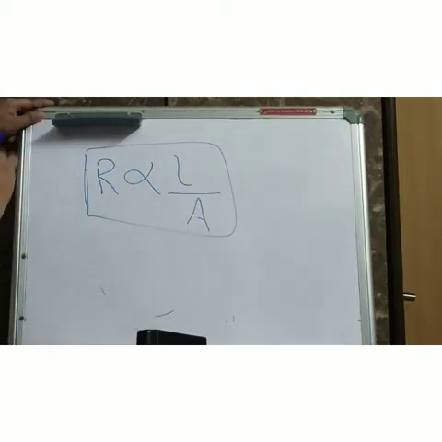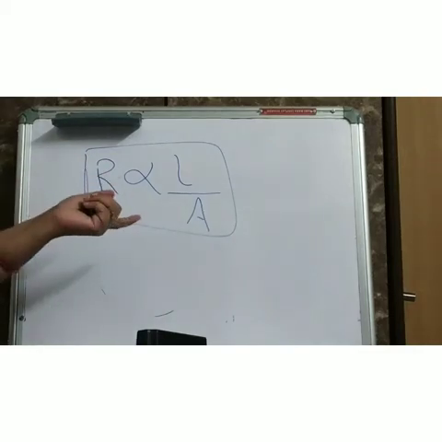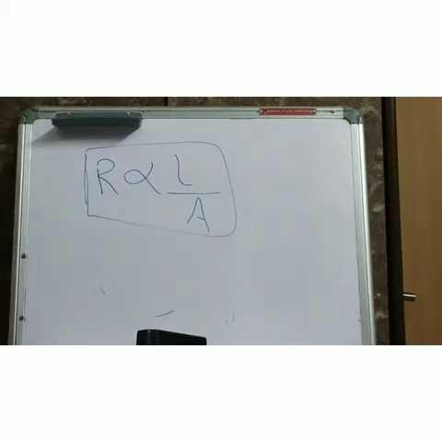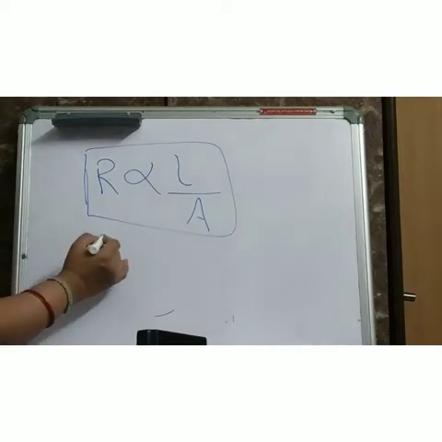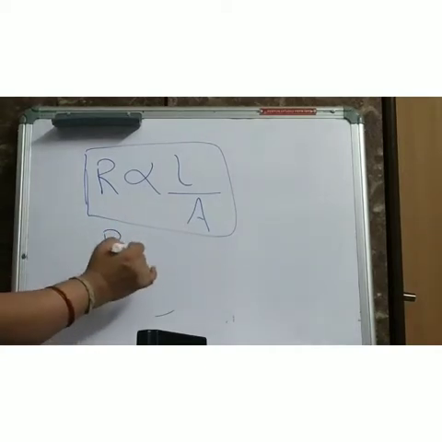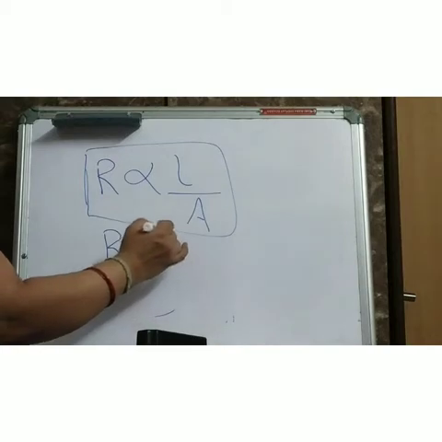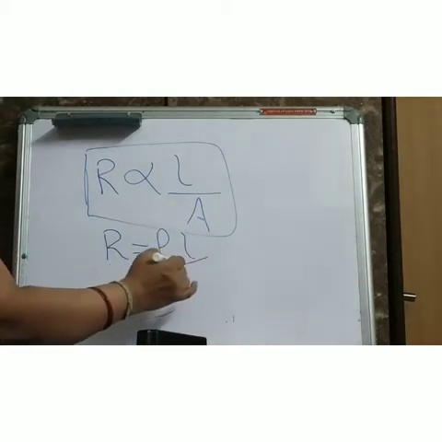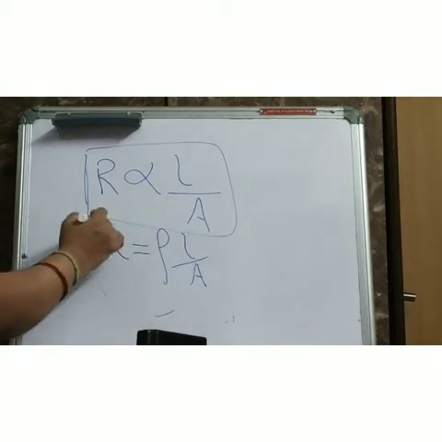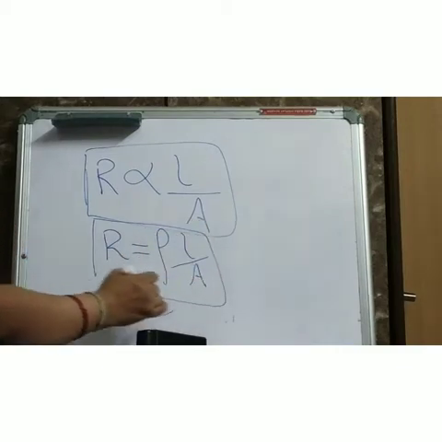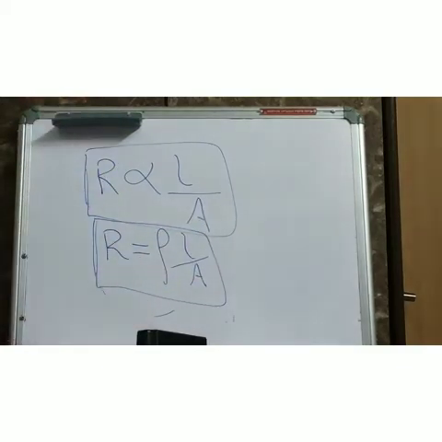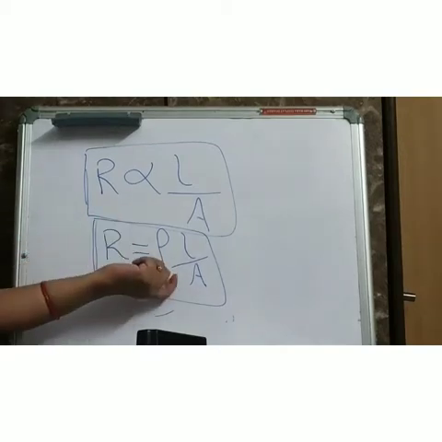When there is a proportionality sign, there has to be one proportionality constant. What is this proportionality constant? That is rho. So we can write R is equal to rho L by A. Very, very important formula for numericals. And so many short questions are also based on this.